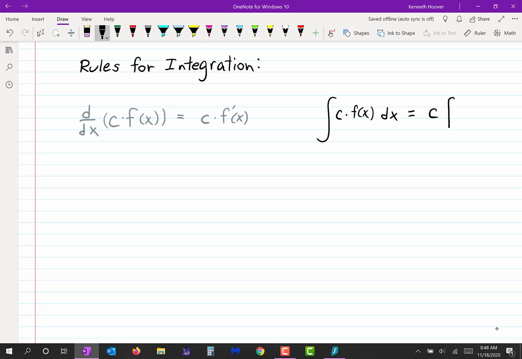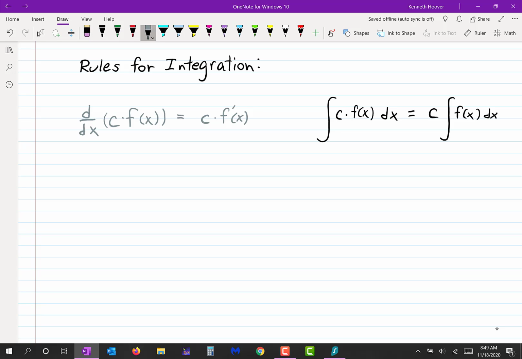And that's what I was doing earlier with those negative ones. Because we're allowed to factor a constant out of a derivative, that's why I'm allowed to factor a constant out of an integral, because an integral is just a backwards derivative. Okay?